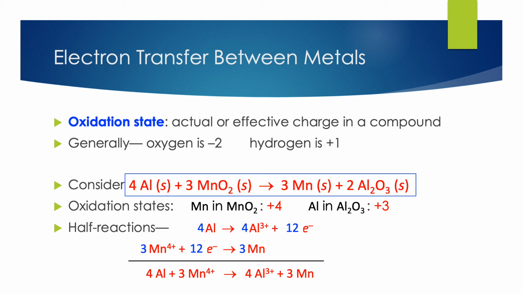And you can verify that this in fact does balance the oxygens. For example, on the left-hand side, I've got 3 of the manganese dioxides, which gives me a total of 6 oxygens. On the right-hand side, I've got 2 aluminum oxides, which gives me 2 times 3, or 6 oxygens over there. So everything is balanced in this resulting equation.